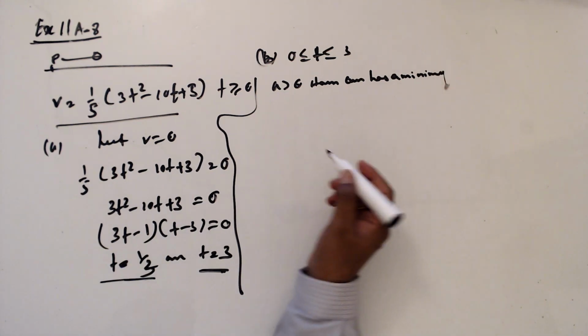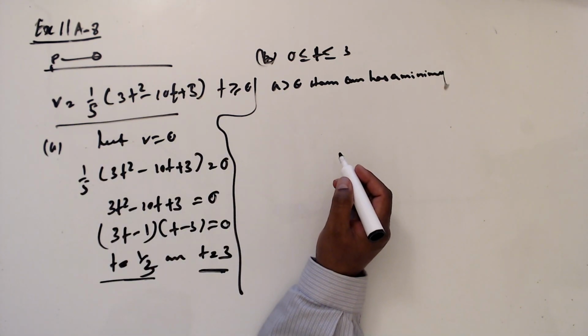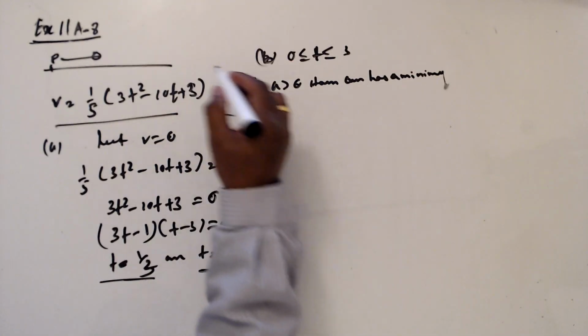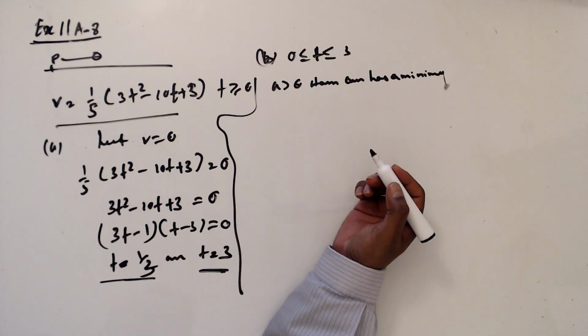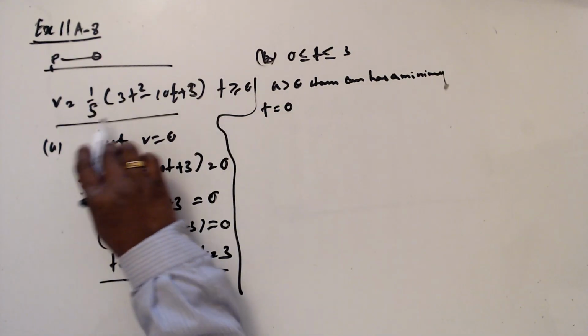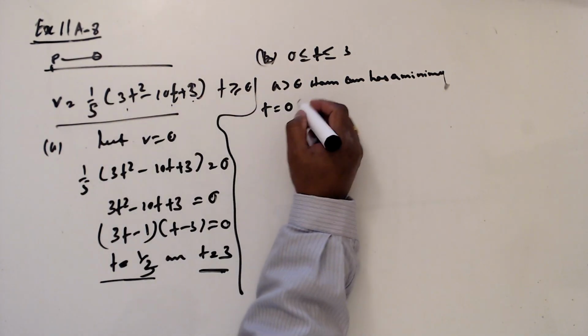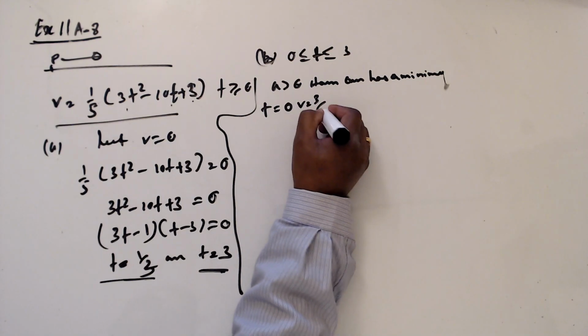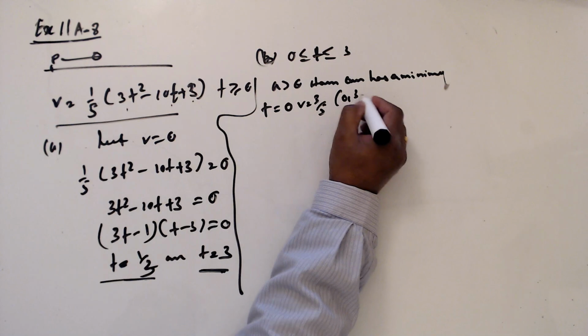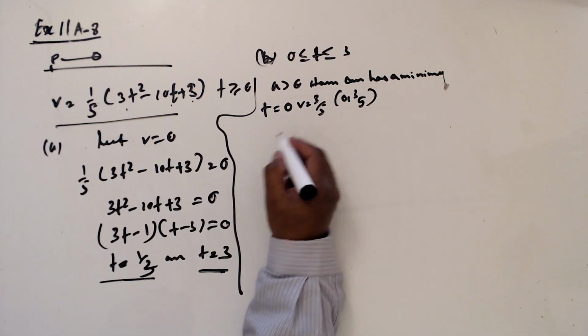When t equals 0, v is going to be 3 over 5. So this is 0, 0, and the v value is 3 over 5. We'll find the minimum point.